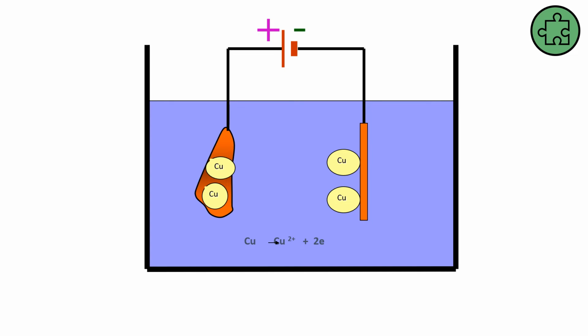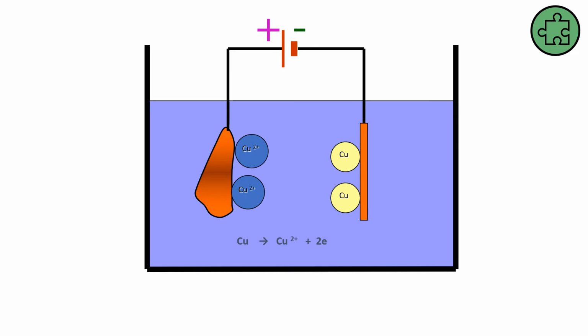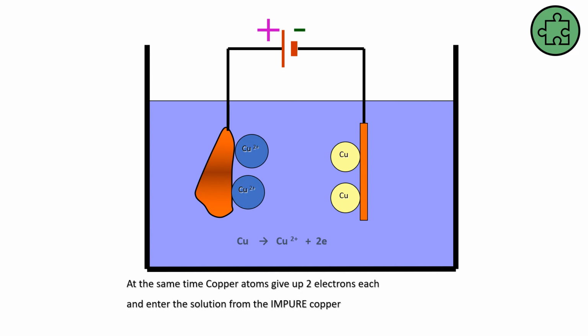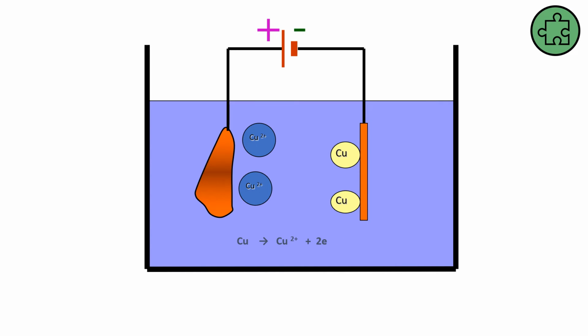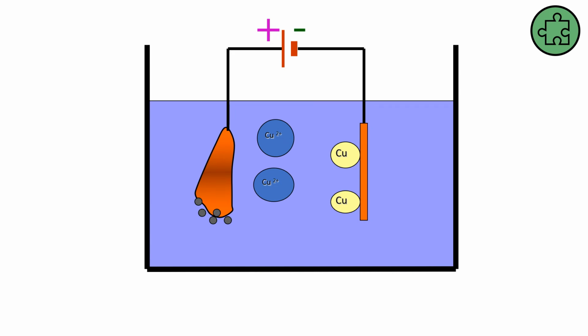Now you can see here we've got the copper atoms inside the impure copper, and they become ions, which means that they are now able to move. So here we go, they are now moving across to the negative electrode. You'll notice the impurities are working loose because there's less copper.